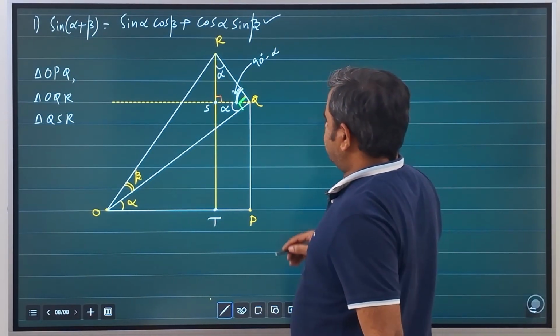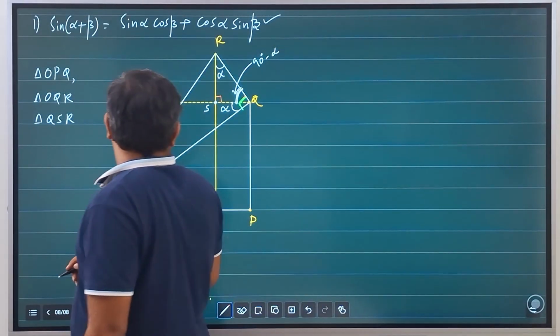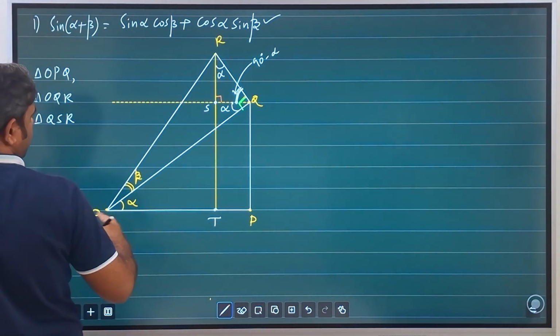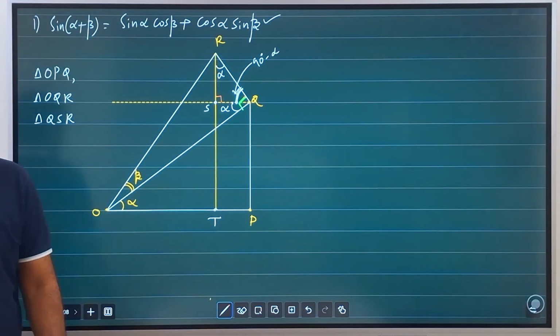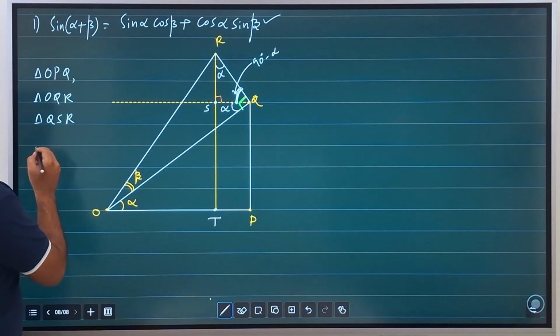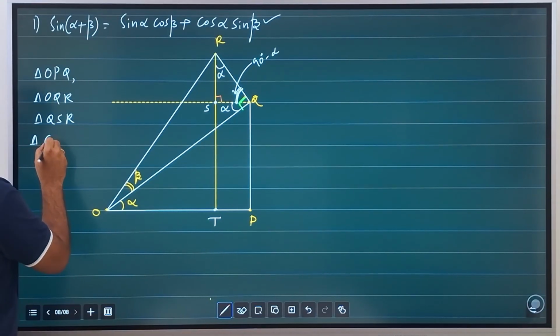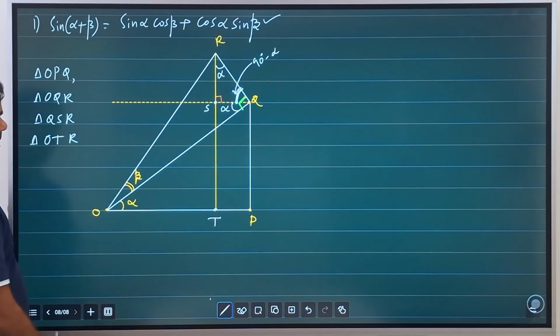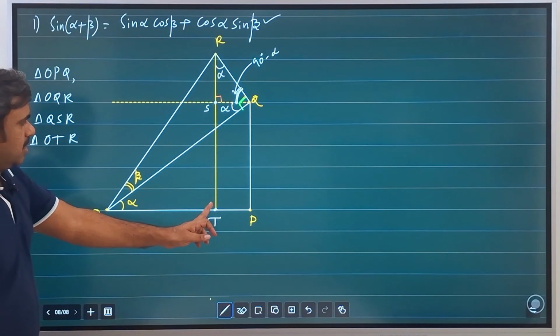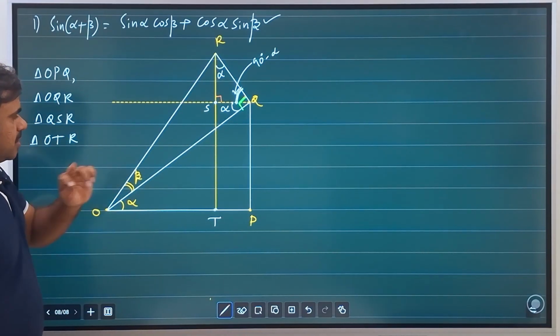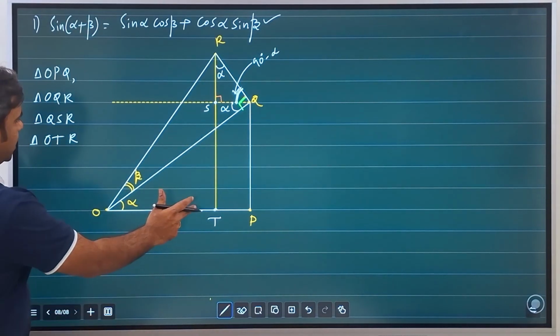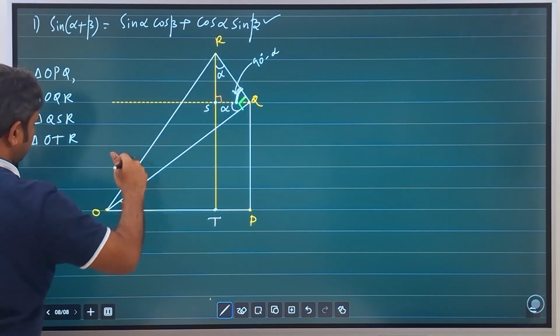Now look at triangle OTR, one more right-angled triangle. We'll use one more right-angled triangle here, triangle OTR. So we'll start with this right-angled triangle OTR.